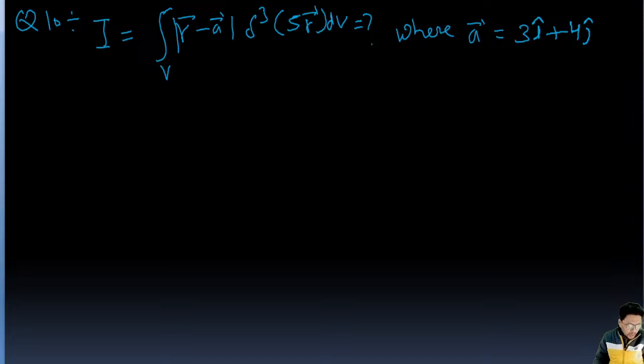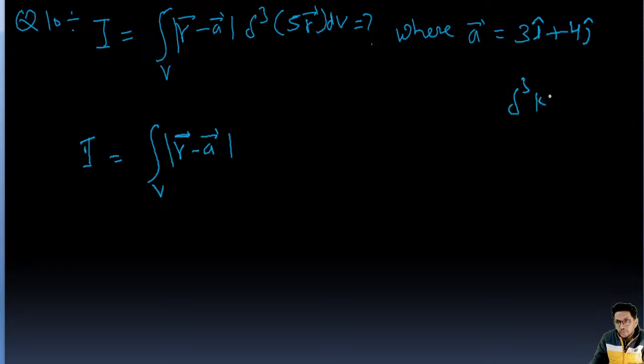We'll use the property here as well. Okay, so this I is going to be volume integration of r vector minus a vector mod del cube 5 r vector dv, right? So we'll use this property: del cube k r vector is going to be 1 upon mod k cube mod del cube r vector.